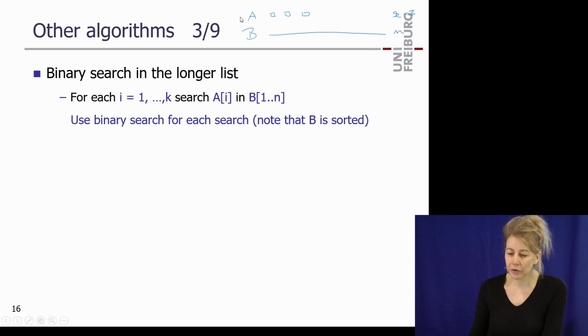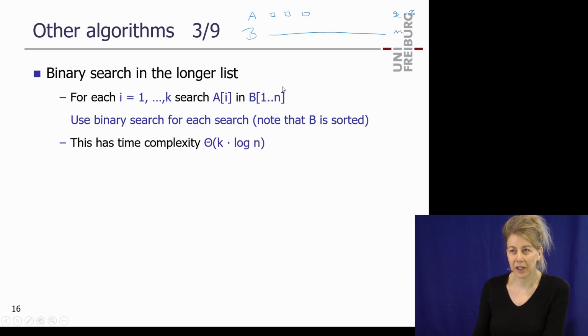I want to see where this first element is in B, and I just do a binary search on B. How expensive is binary search of one element on B? It's log n, and I have to do it k times, so the running time is k times log n. It's a very simple algorithm, not too bad actually.